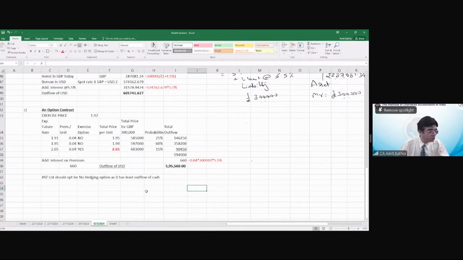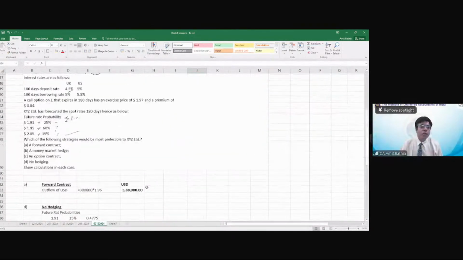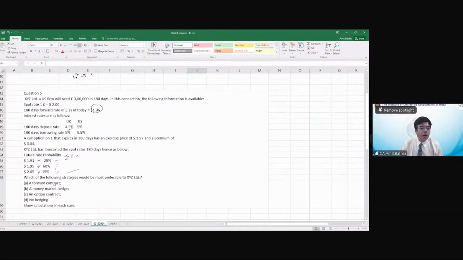Got it, everyone? All right. I repeat once again, in this question, what have we done? We were asked about 4 options: a forward contract, a money market hedge, an option contract, and the fourth one was no hedging, right?